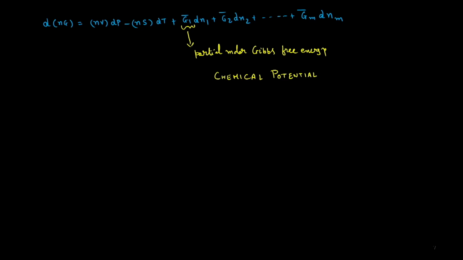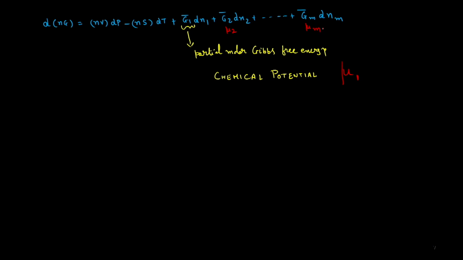It is very important in thermodynamics for separation processes, for chemical reactions, etc. So we give it a special name. We will call it chemical potential and denote it by the Greek letter mu, and because it is for 1, we'll call it mu1. The over bar is not required. Mu1 itself is partial molar Gibbs free energy, or chemical potential. Similarly, this is mu2, this is mu m, etc.